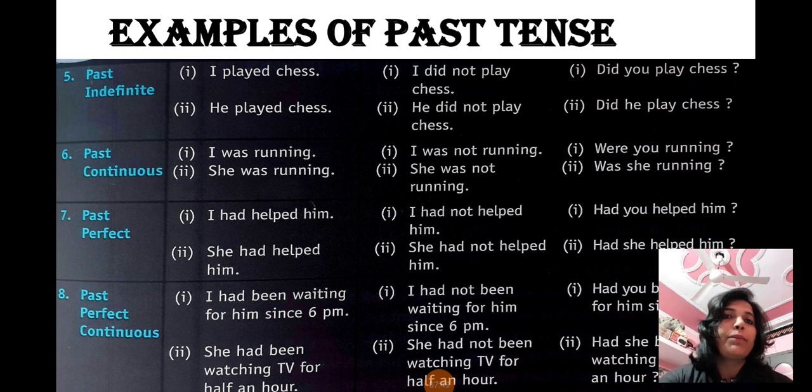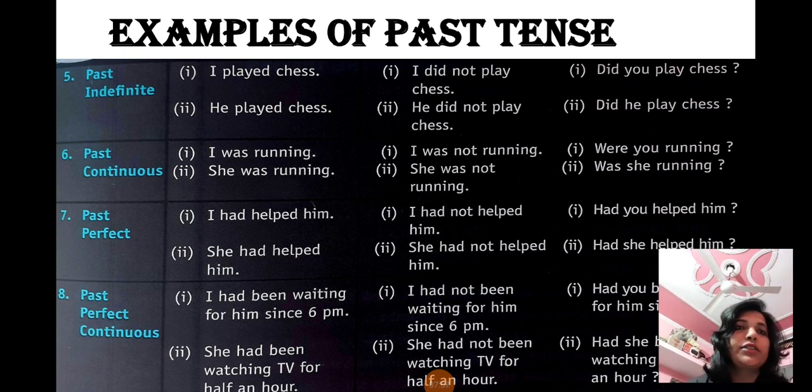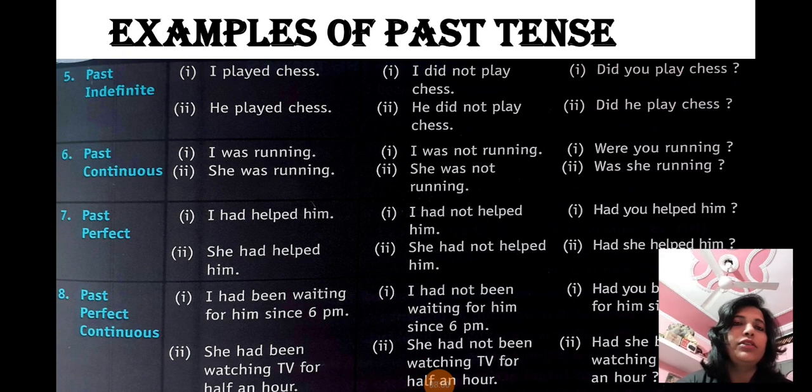It was played, but now it is changed into the negative. Did not play. Played was changed into play. So you have to keep it in your mind. This is a very important point to remember. Did you play chess? Now again, did is the helping verb used for changing the sentence into interrogative.